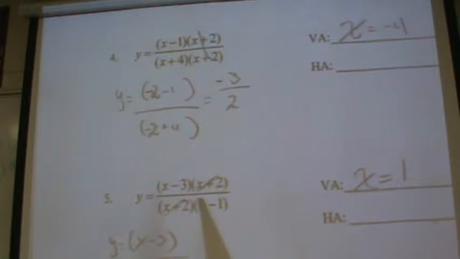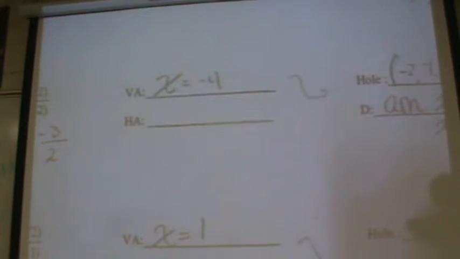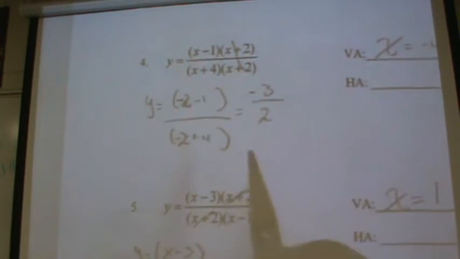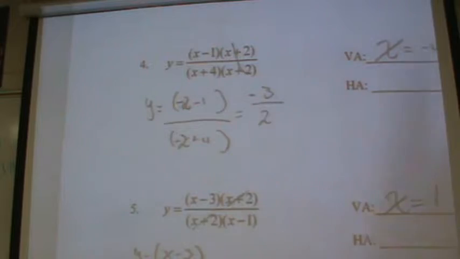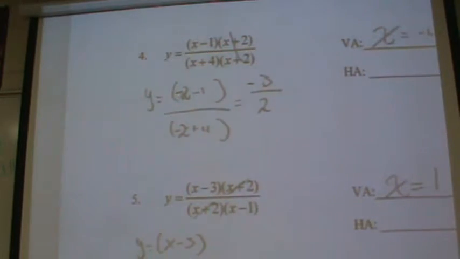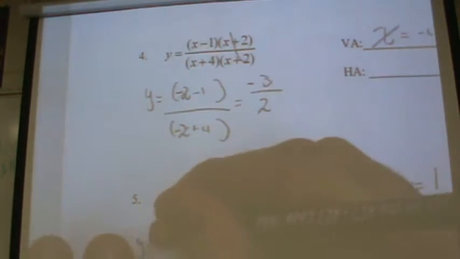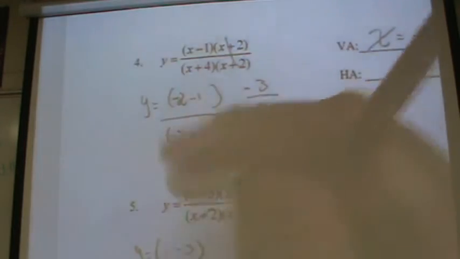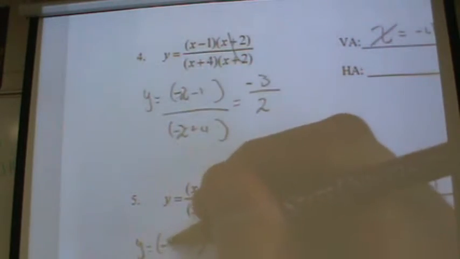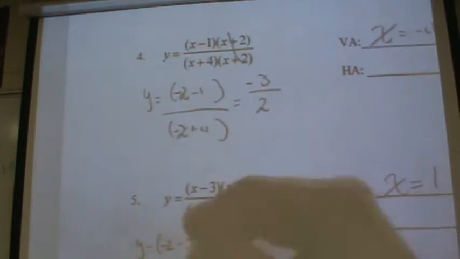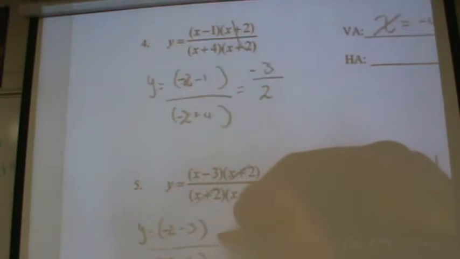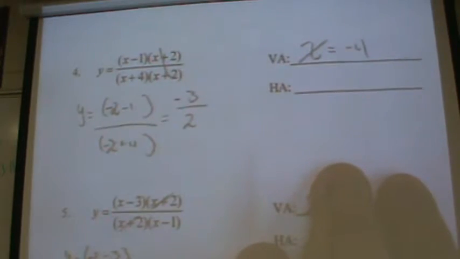Okay, so you do have a hole in this one. So now the hole is a +2, then you flip the sign, it's a -2. You're going to plug this -2 in for x.